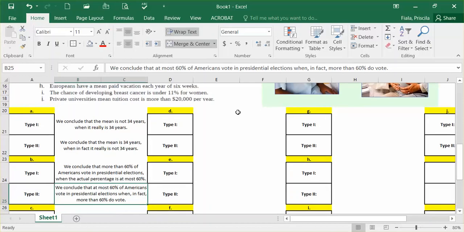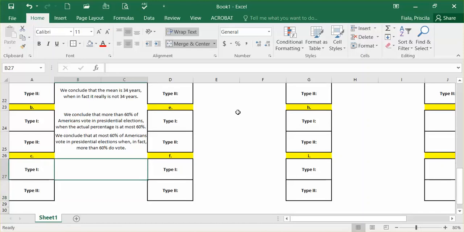Type 2 would be, we test everything, we conclude that no more than 60%. The alternative, we have confirmed the alternative. However, in fact, more than 60% vote.